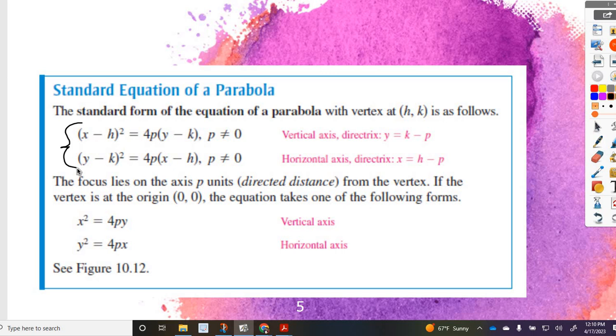When we're talking about conic sections, we do move everything else to the other side. It tells us that it has a vertical axis, so that just means that your parabola is going to be vertical, versus my second one, where we have y minus k squared. We have a horizontal axis, which means that my parabola is horizontal.